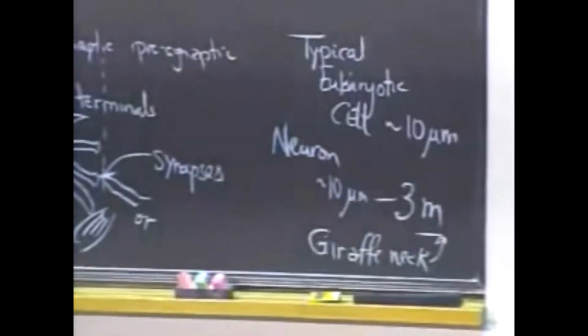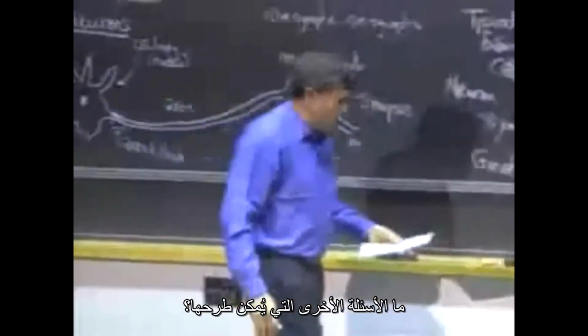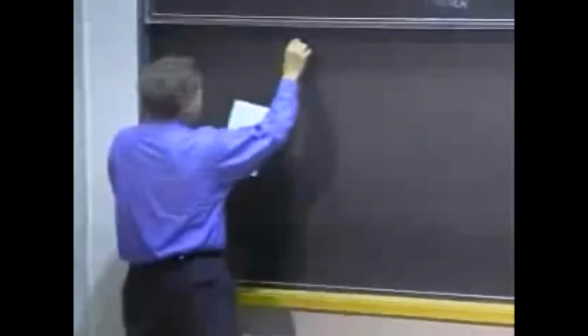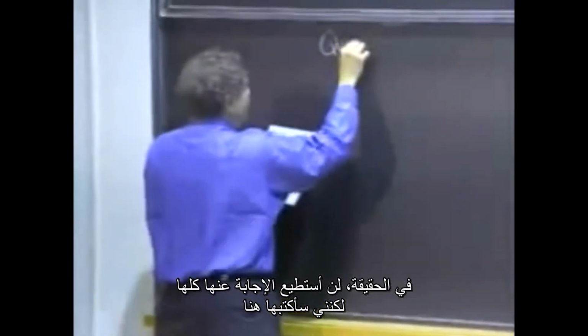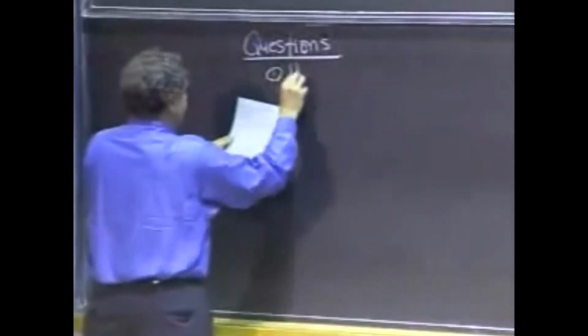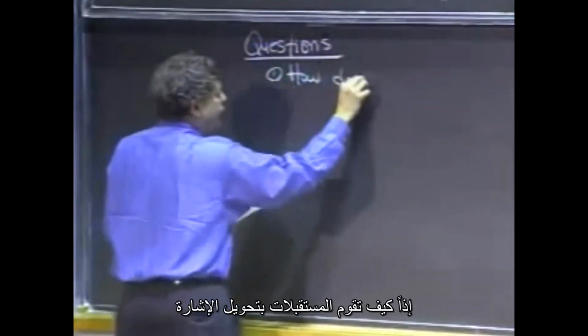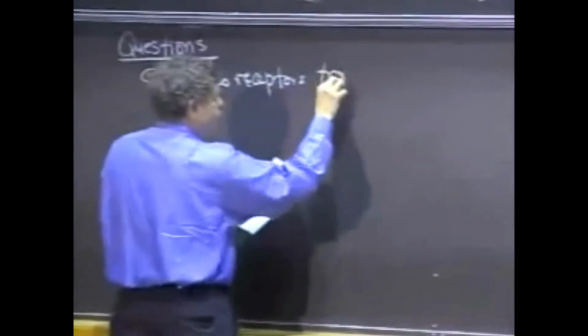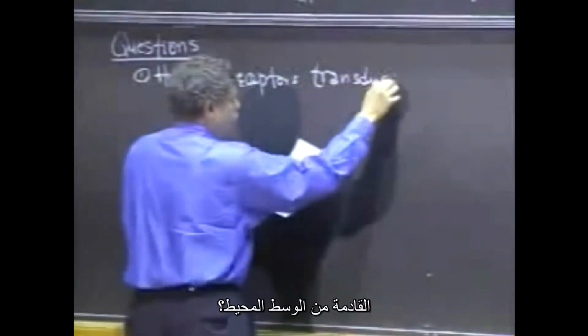Okay, so what are the kinds of questions that we might want to ask? Well, the kinds of questions we might want to ask about this process, and I'm not going to be able to answer all of them, but I'll get them up here. So, how do receptors transduce signals from the outside world?